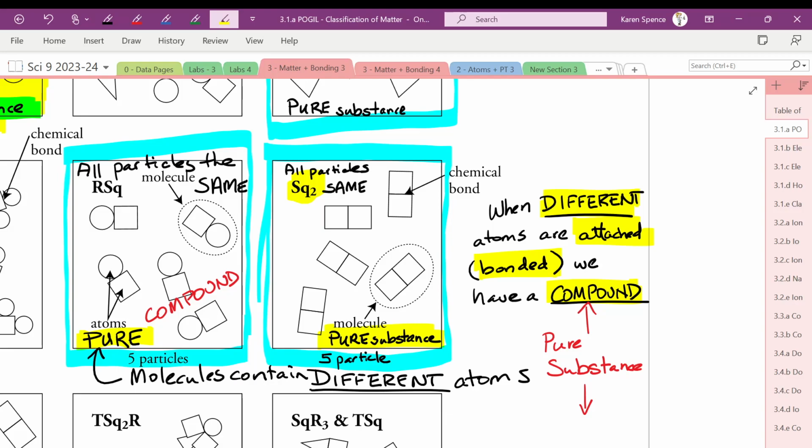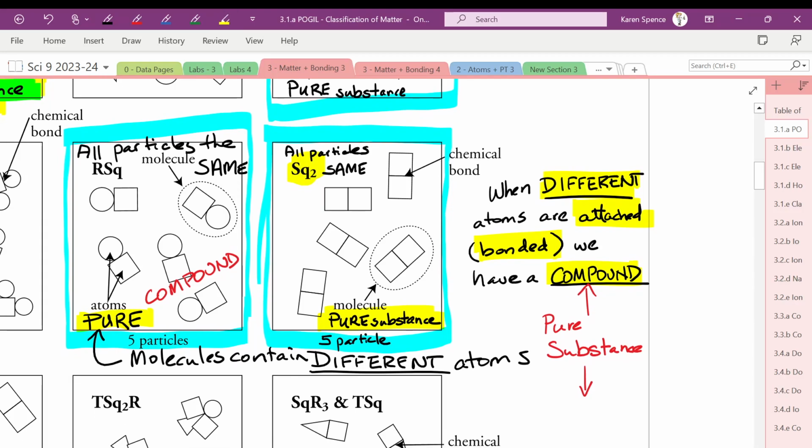Is SQ2 a compound? No. Why is it not a compound? Yes? All the atoms are the same, and in order to have a compound, you need the atoms to be different. Yes. Okay. What would we call SQ2? All the atoms are the same. Baran? That is an element.